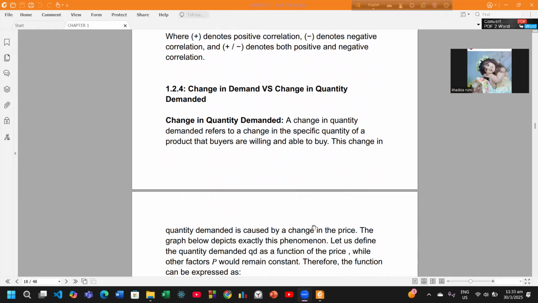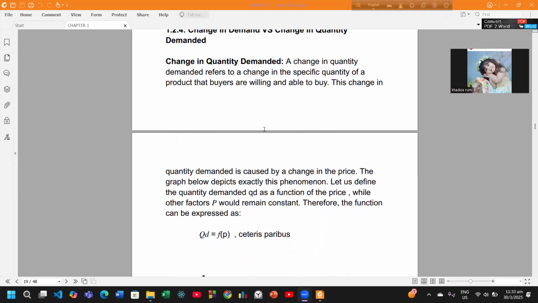Change in quantity demanded happens when price changes. A movement occurs along the demand curve. Example, if a laptop price drops, more people buy it, increasing quantity demanded.